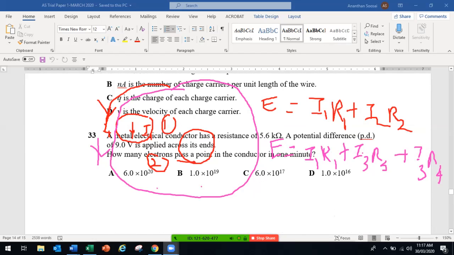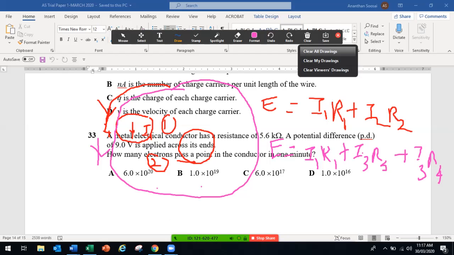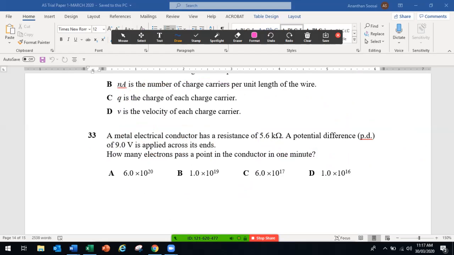Okay, 33. A metal electrical conductor has a resistance of 5.6 kilo ohm, and a potential difference of 9 volt is applied across its ends. How many electrons pass a point in the conductor in 1 minute?